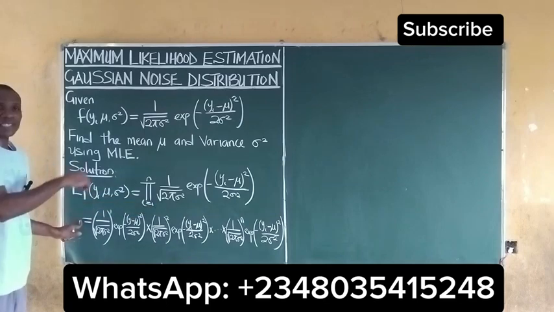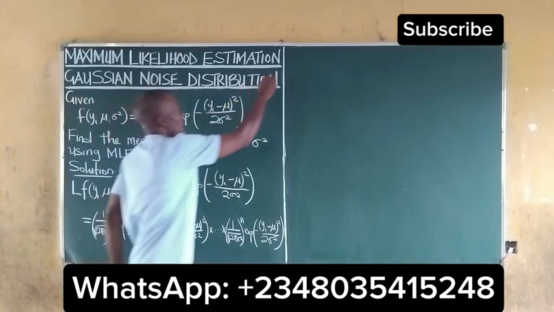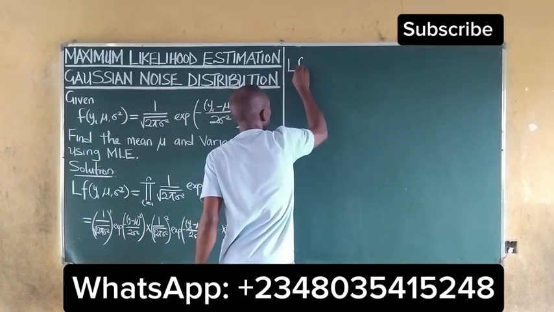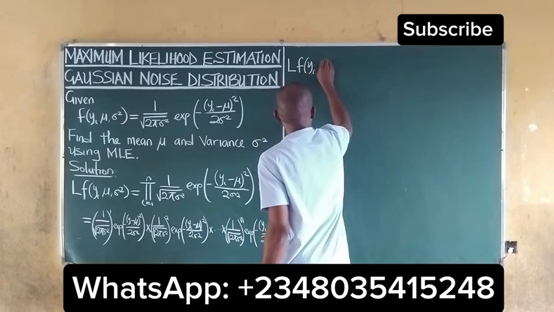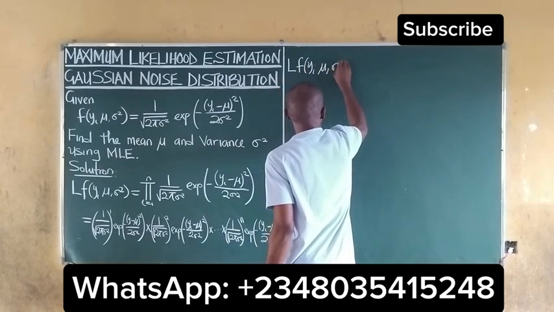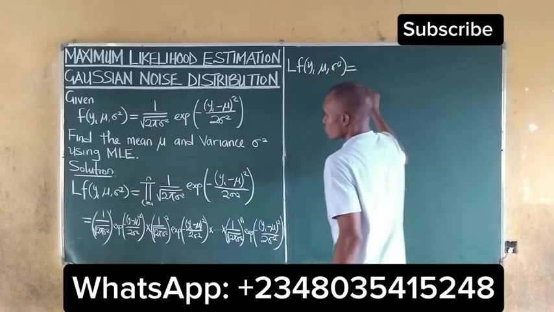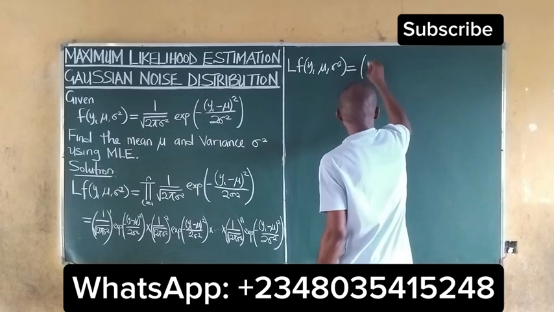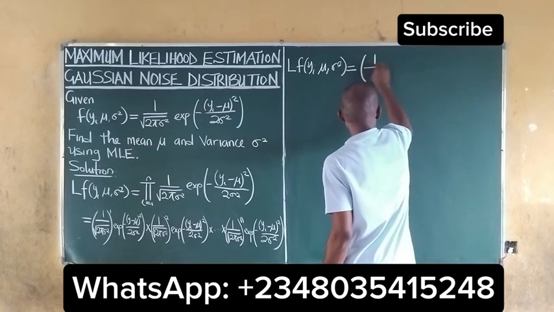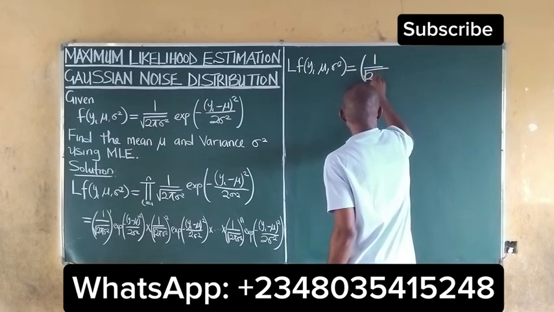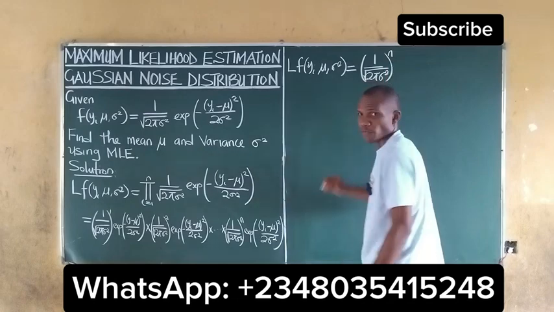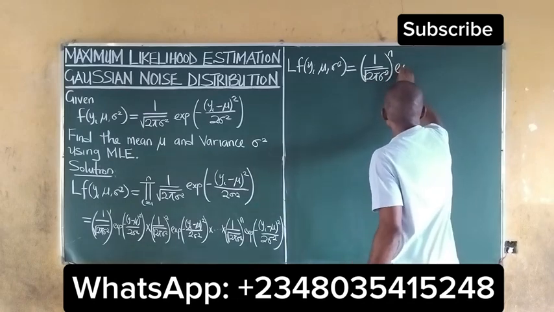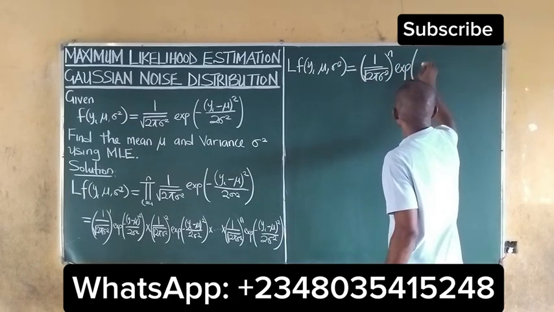It then means we can write our likelihood function of yi, the mean and the variance, as 1 all over square root of 2 pi sigma squared raised to the power of n, exponential.